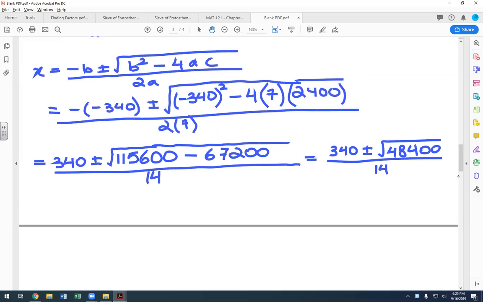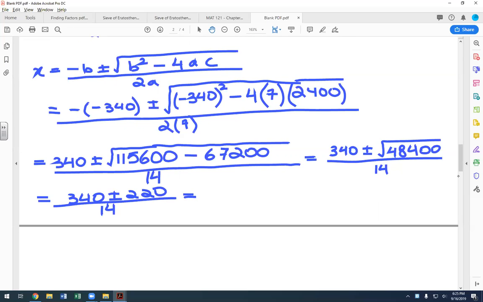Is 48,400 a perfect square? Yes. What do we get? 220. Okay, so that would make it 340 plus or minus 220 divided by 14.